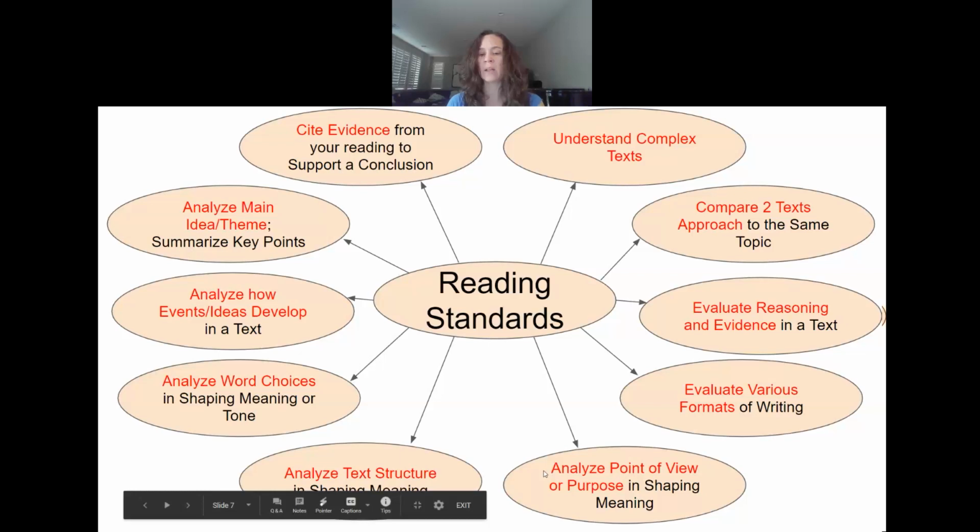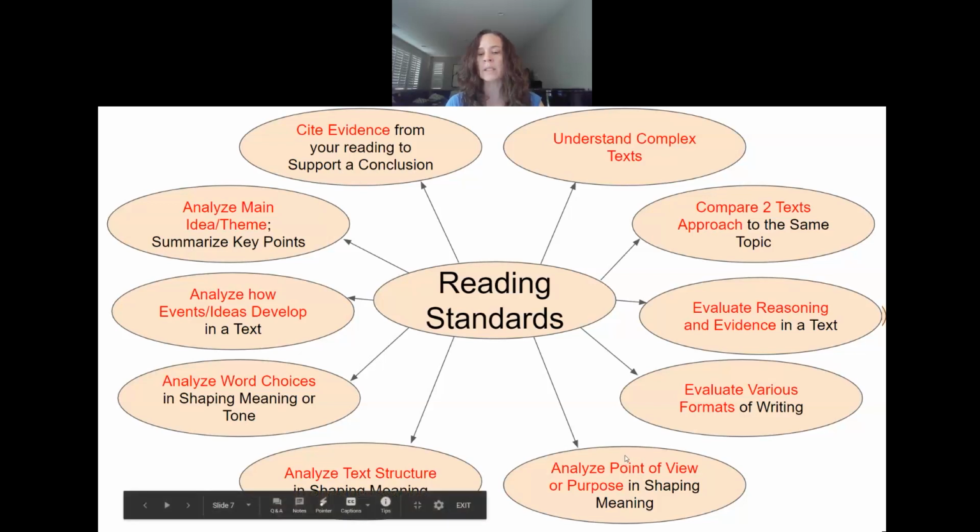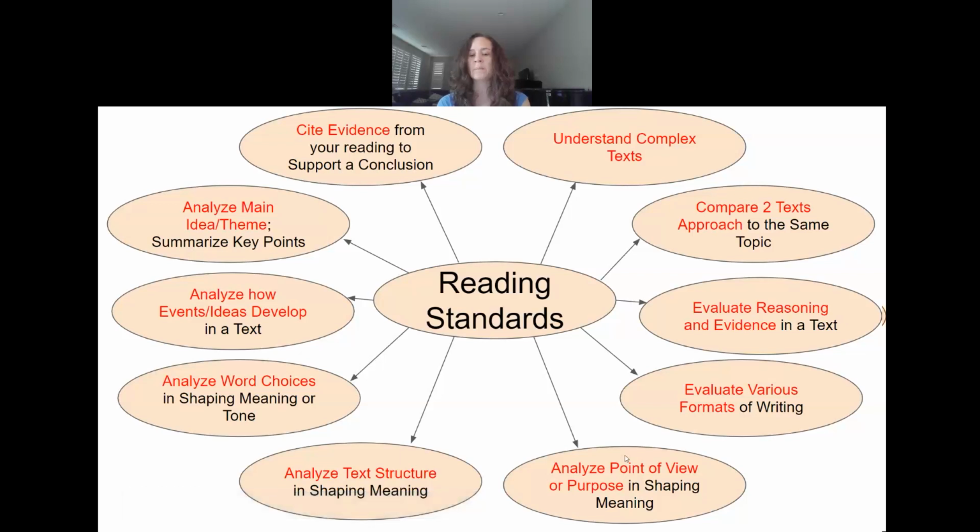Okay, next thing, analyze point of view or purpose in shaping meaning. So point of view means the person who is making the point, what's the point of view? Are they narrating a story? Are they telling you something firsthand, first person from their personal perspective? Are they speaking of something in third person, telling the story of someone else?